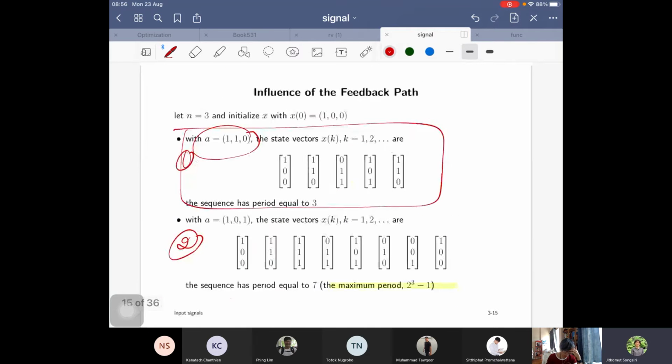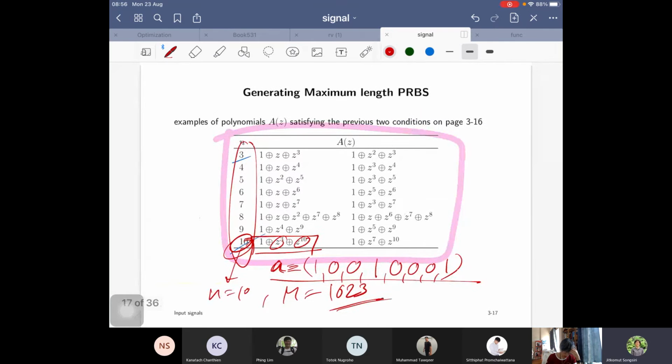Then I get 2 to the 10 minus 1, about 1,000 possible states. Luckily, by now the PRBS sequence is a built-in command in the computer, so you don't need to write computer code on your own. You can just make use of this library in the System Identification Toolbox.